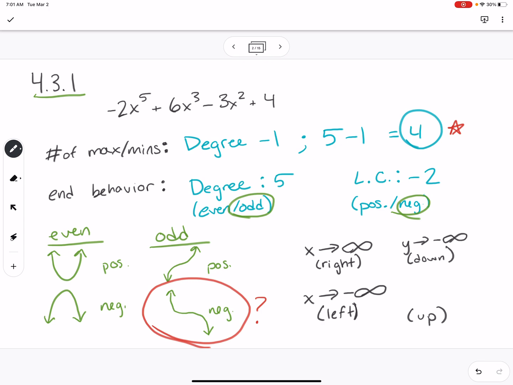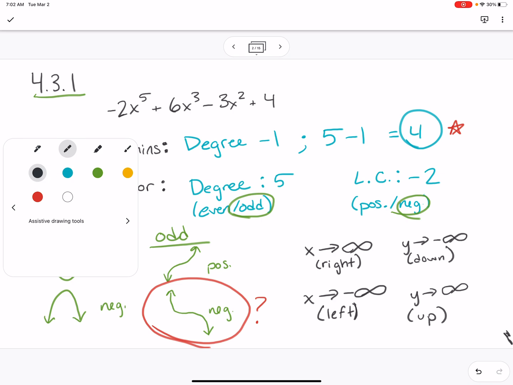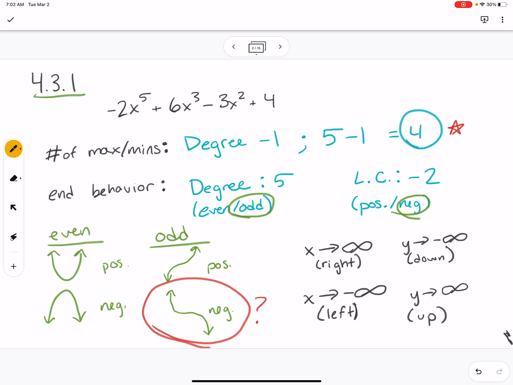And if we're going up, we say y is approaching positive infinity. And there you go. That was our tricky but doable end behavior answer. And that is 4.3.1.